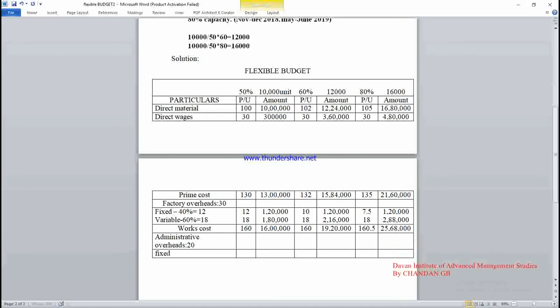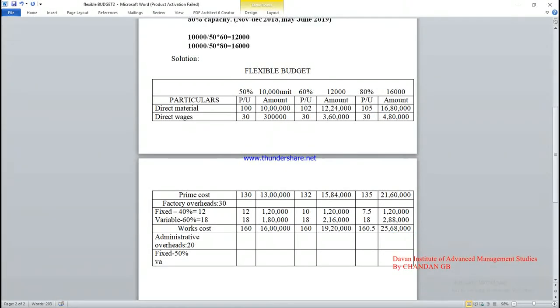First fixed, that is 50%. Next variable is also 50%. Correct? Okay. 50% of 20 rupees is 10 rupees. Like that 50% variable charges is also 10 rupees.